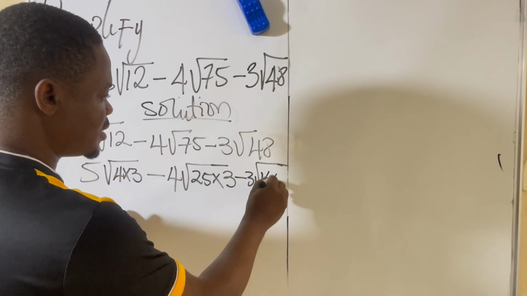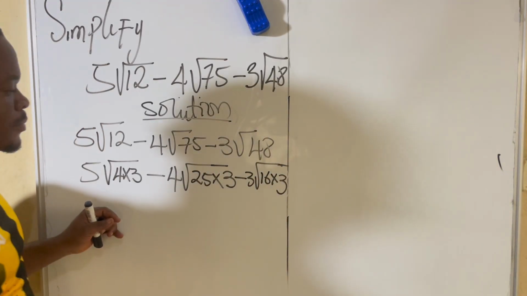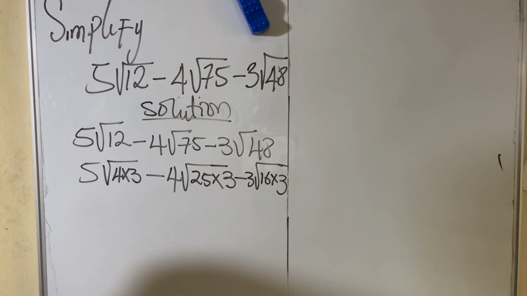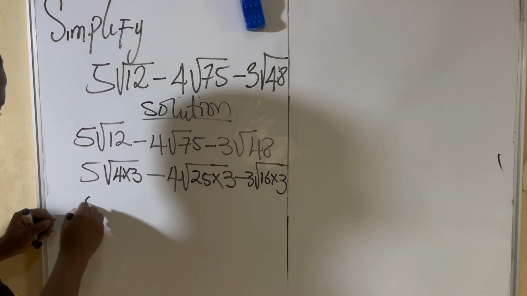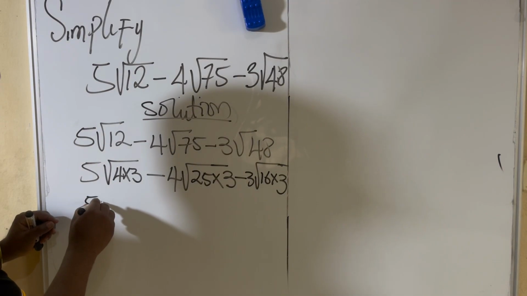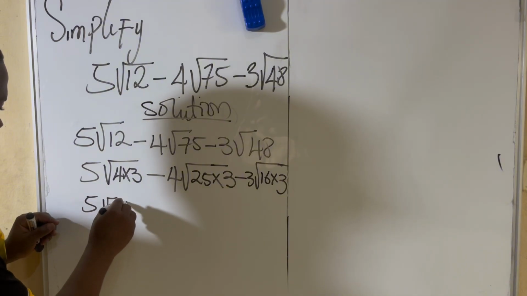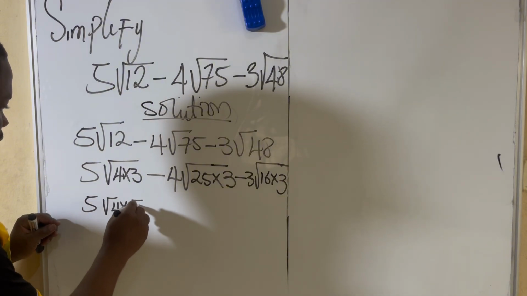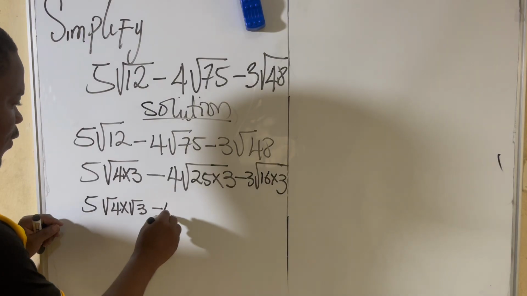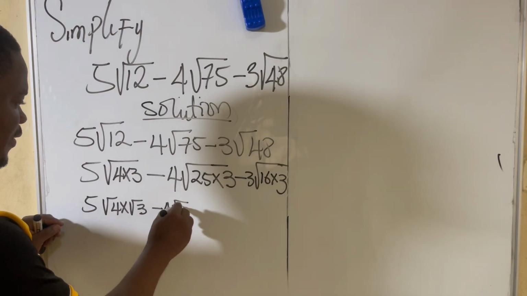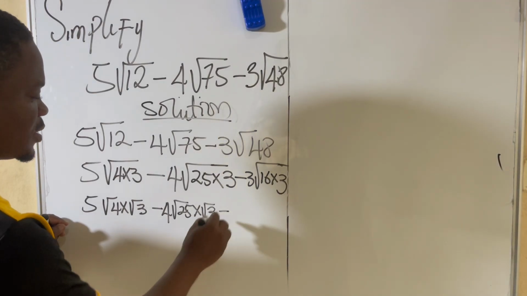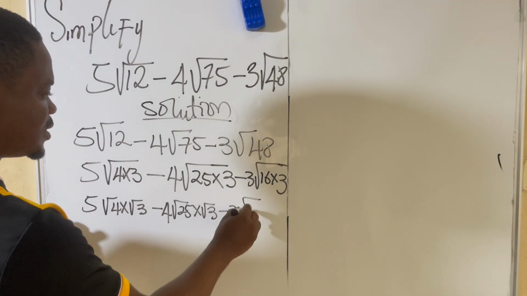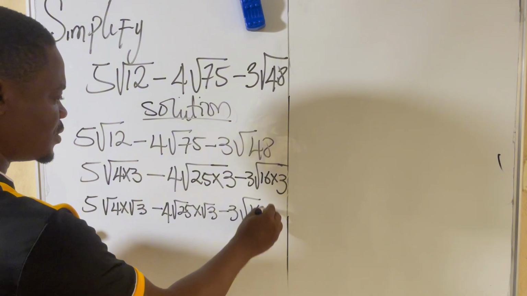Now we can break this down. So this is the same as 5 root 4 times root 3 minus 4 root 25 times root 3 minus 3 root 16 times root 3.